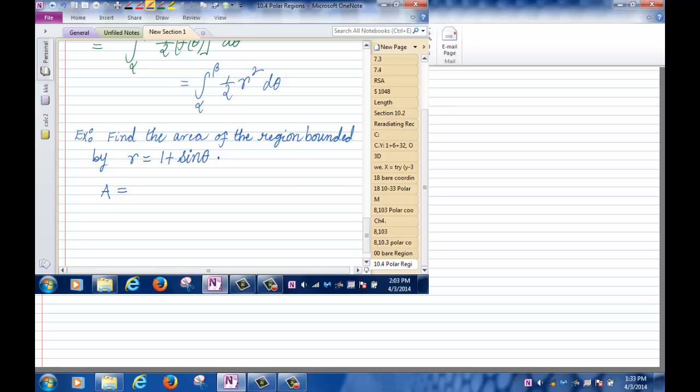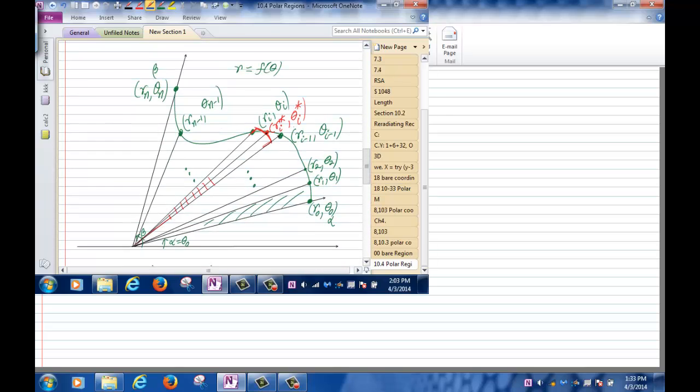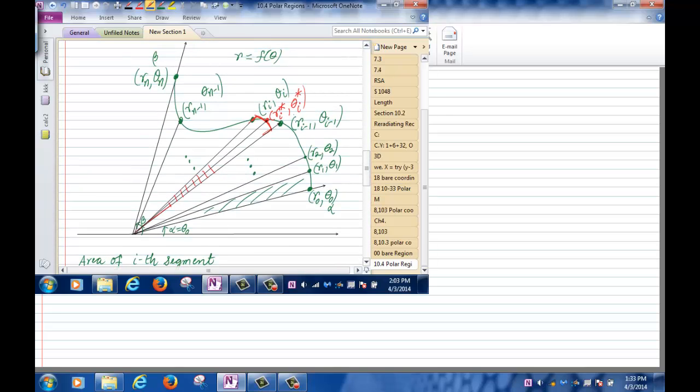Can I think of that as a polar region? Remember how I said you should view this polar region? As theta goes from alpha to beta, the polar axis is sweeping through this region, right?